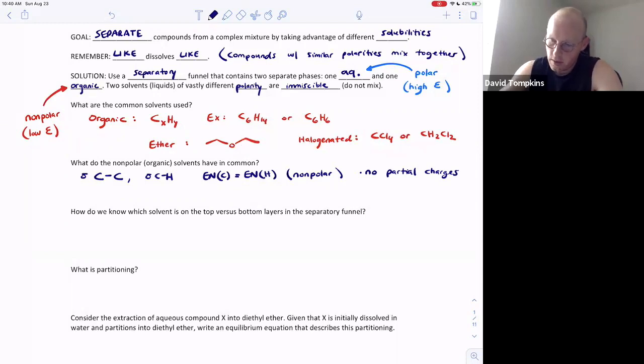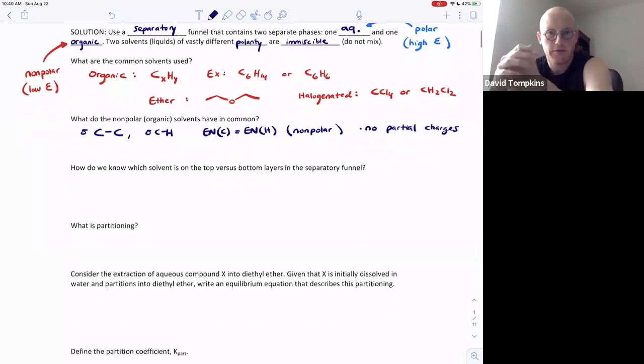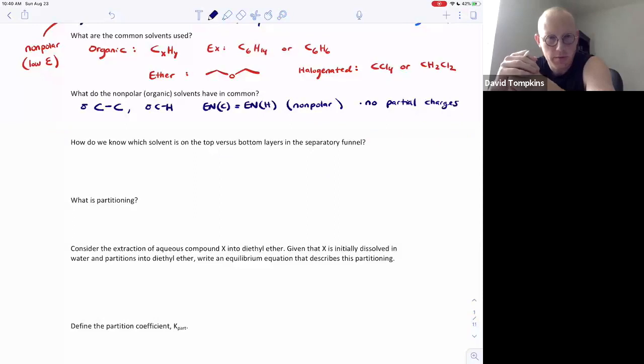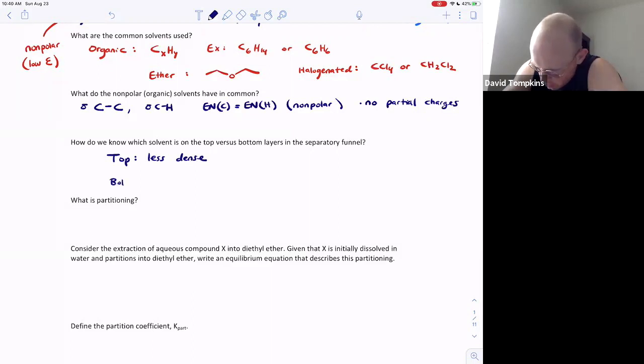So when you're putting two different immiscible liquids into a separatory funnel, one of them will sit at the top and one will sit at the bottom. There'll be two distinct layers. And the top layer is always going to be the solvent of lower density, while the bottom layer is the solvent with a higher density.